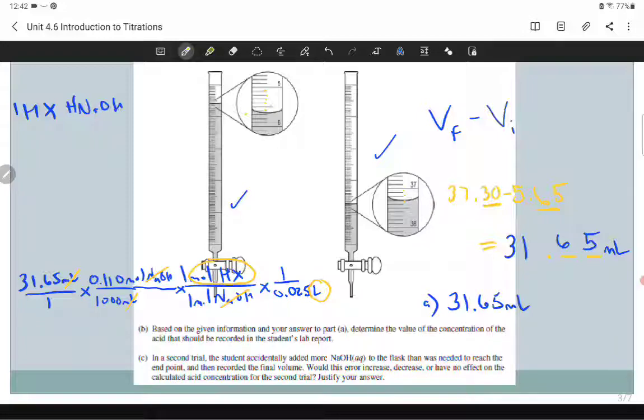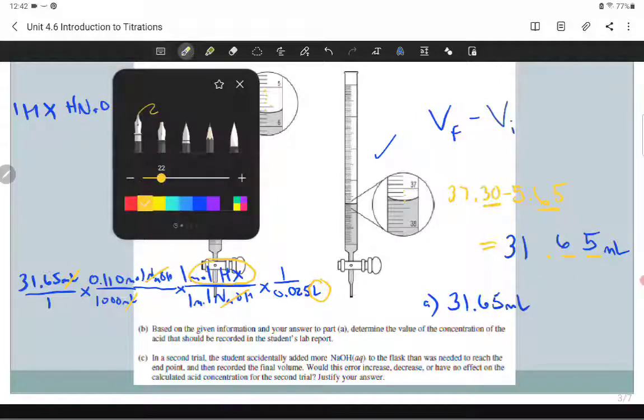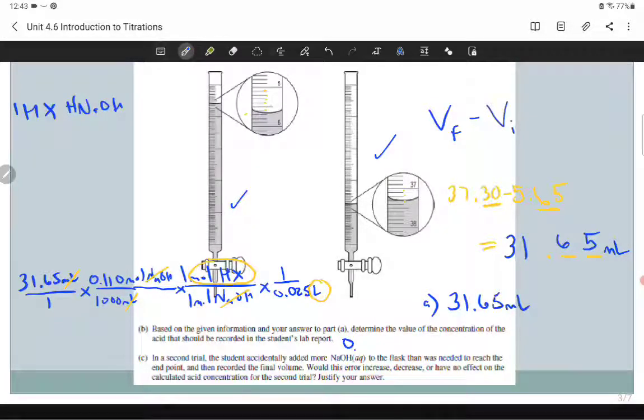So that's going to give me molarity. So do all that math there, and let me write the answer. Okay, so that's the answer for part B.